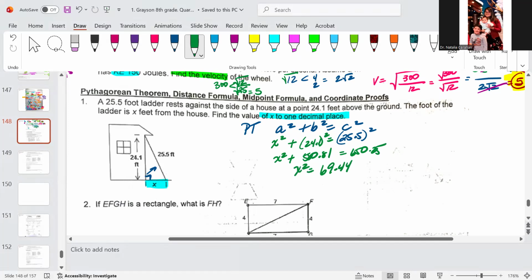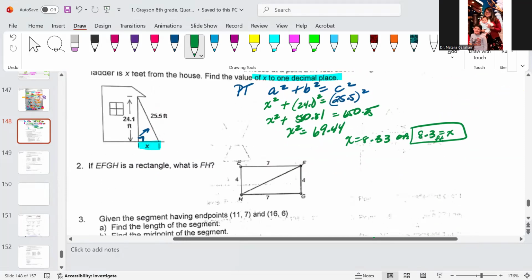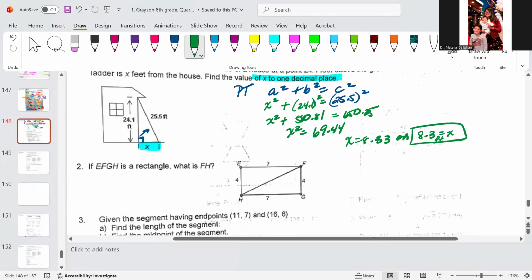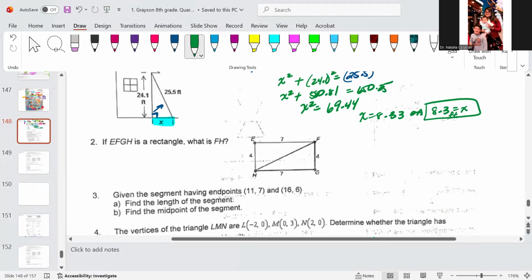And then your scientific calculator should have a square root button. So we're just gonna take the square root of it, which is gonna give me 8.33. Or because it's one decimal, it's just 8.3. 8.3 feet. Make sure you put a unit. Does that make sense? Yeah. Okay, that's it. All right.